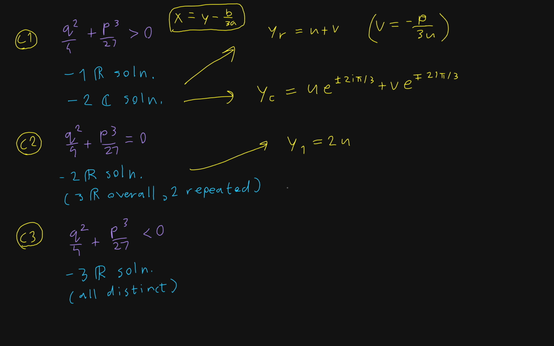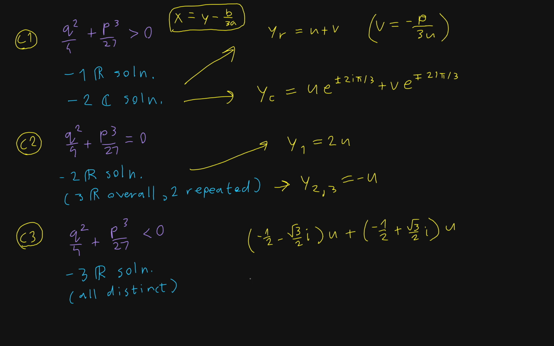And then the other 2 solutions, y2 and y3, basically there are overall 3, by the fundamental theorem of algebra. This is going to be negative u. And the way to get this, I'm just going to show it quickly. If you have negative 1 over 2 minus root 3 over 2i times u, and then plus negative 1 over 2 plus root 3 over 2i, this would normally be times v, but here u is going to be equal to v, since the discriminant is 0, so we're just going to do times u again.